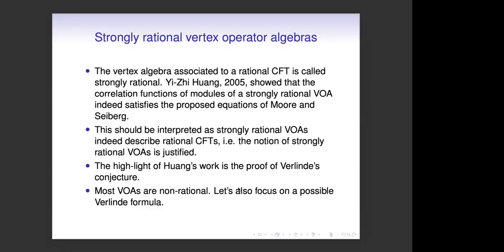In particular, the category of strongly rational VOA modules is always a modular tensor category, that means a finite semi-simple ribbon category with a non-degeneracy condition. And the highlight that visualizes this success is that Verlinde's conjecture is true, but it's in fact just a consequence of the true thing that Y.-Z.